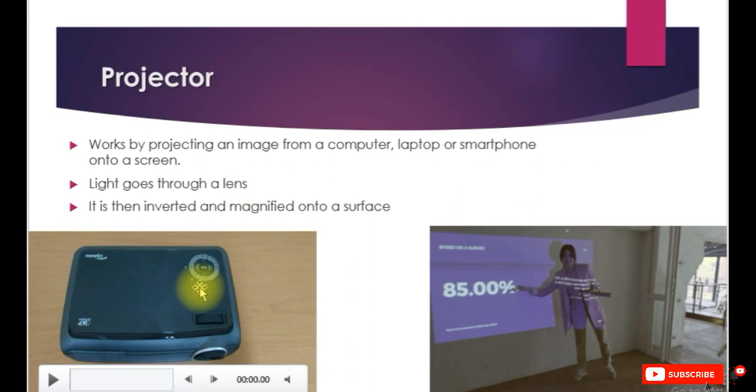What it does is that it captures a signal from those devices and projects the image on a screen, or you can project the image also on a wall. So the image is inverted and it is magnified onto a surface.